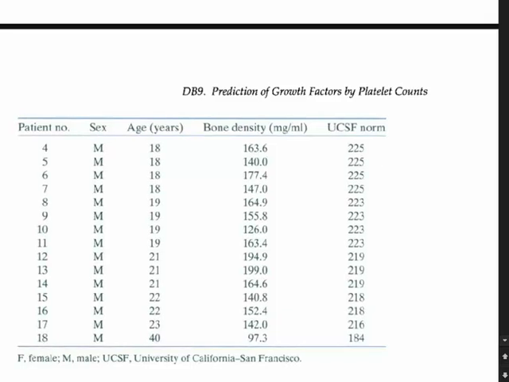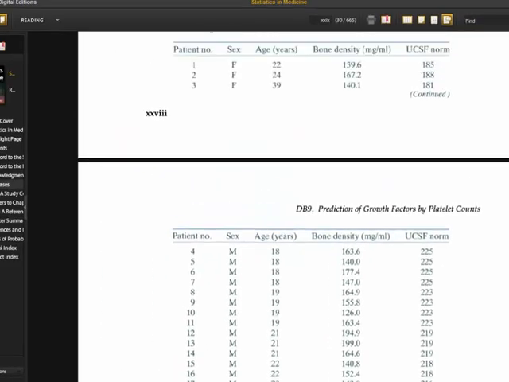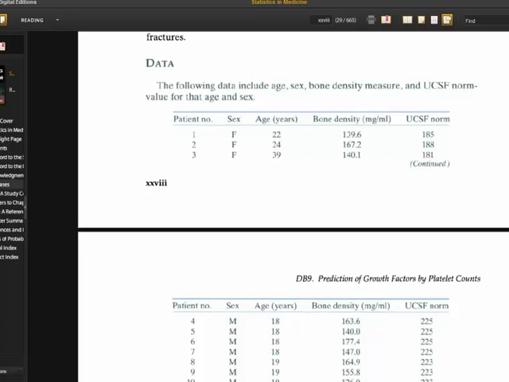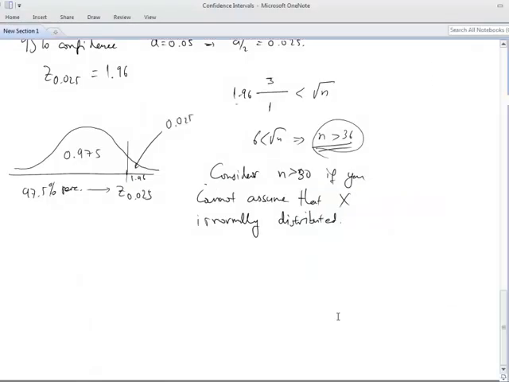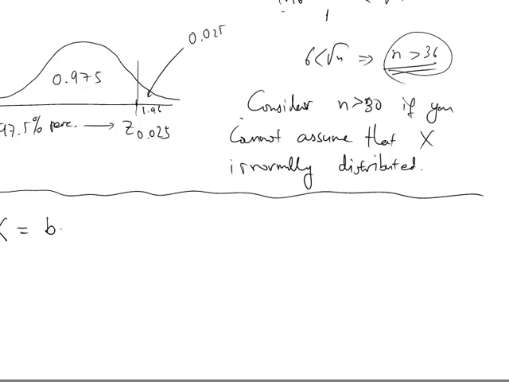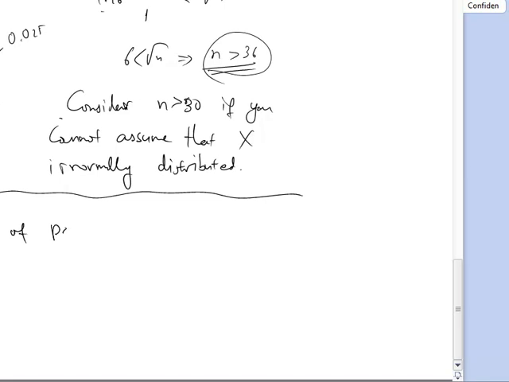Here we have their bone density, and I want to calculate the average bone density of these people. In other words, if I have now the random variable X is bone density of patients with femoral neck fracture.